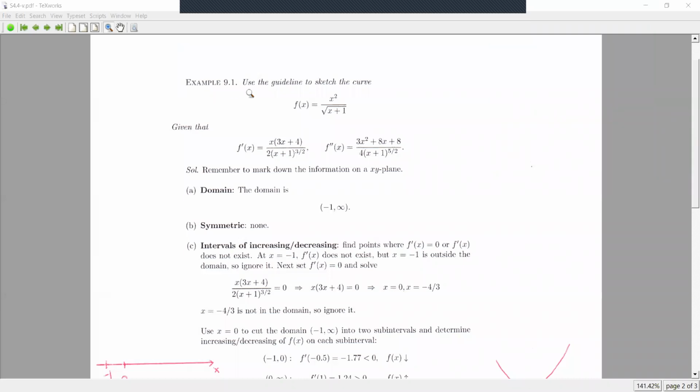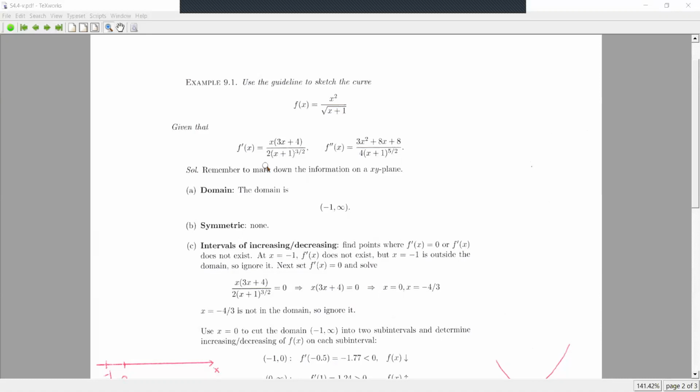Example, use the guideline to sketch the graph of this function. This function is complicated. To compute its derivatives, you need to apply the quotient rule. Then when you compute the derivative of the square root of x plus 1, you need to apply the chain rule.